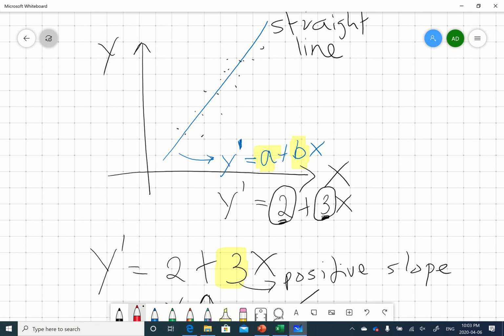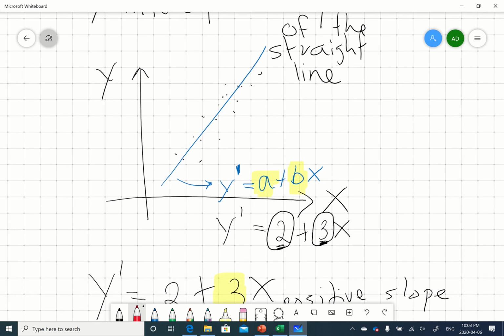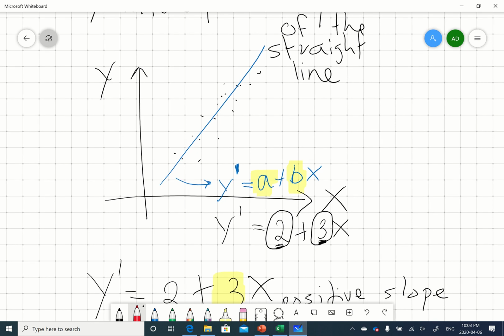And I forgot to mention that another use of this straight line is that you can predict values. Whenever you want to predict a y value for a given x, you can use this straight line. So if you have an x value over here and you are wondering what would be the y value, I'm just going to come up with a number. When x is 3, what would be the corresponding y?